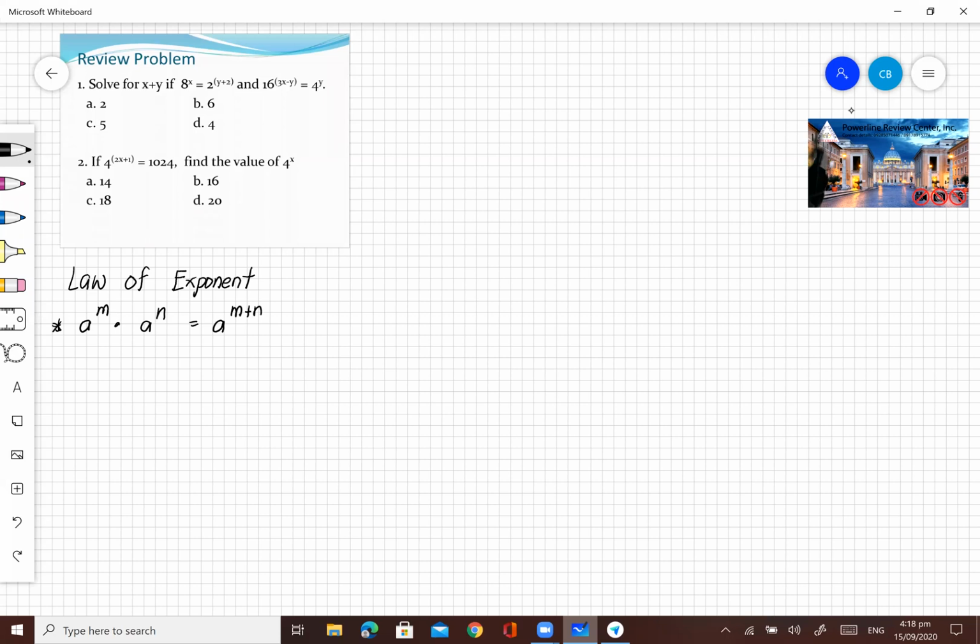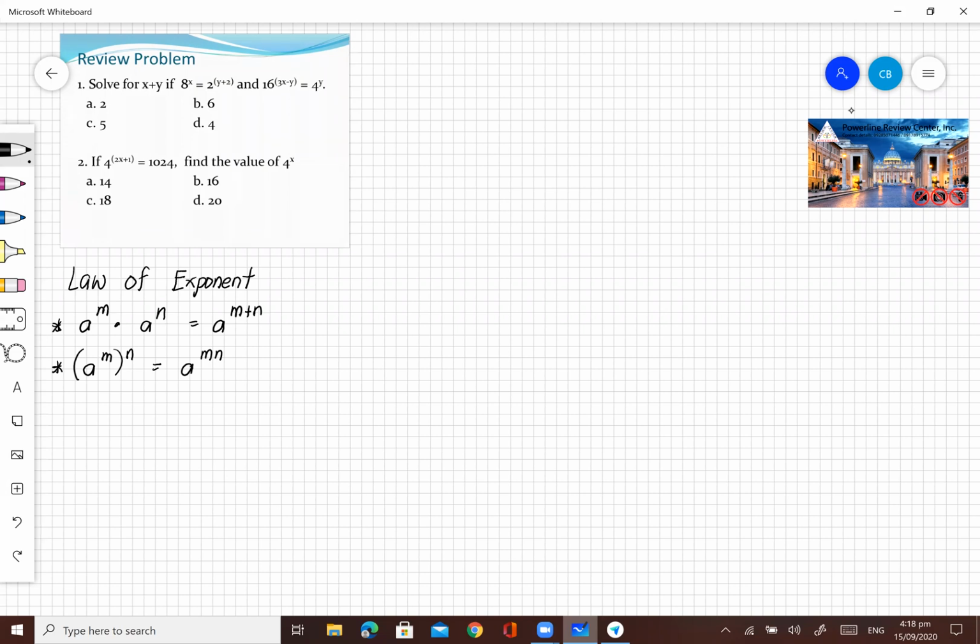Gagamitin din natin dyan, if we have a certain base that is raised to exponent, then it is raised to another exponent, pwede natin sabihin exponent raised to exponent, so we usually multiply the given corresponding exponent. Same also dyan sa first, kapag nag-divide ka, division and multiplication are just reverse process, so almost similar or parehas lang yung ating ginagamit.